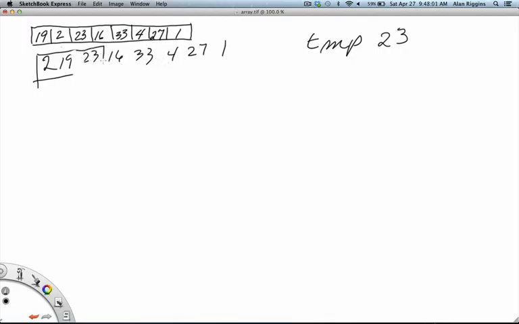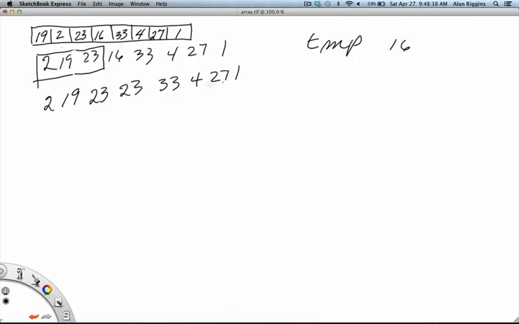The 16. So we put the 16 in temp, and we're going to overwrite it. So we're going to shift this down until we find the place where it goes. So what we will now have is 2, 19, 23, 23, 33, 4, 27, 1.